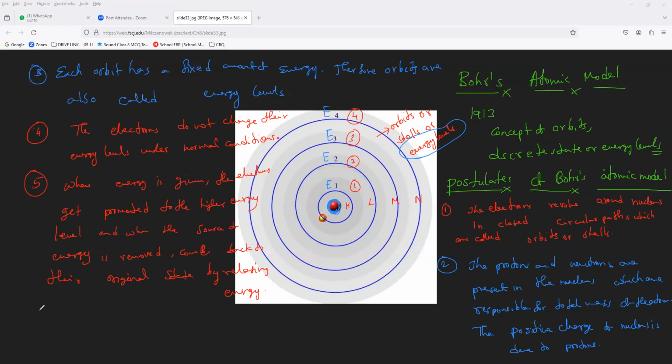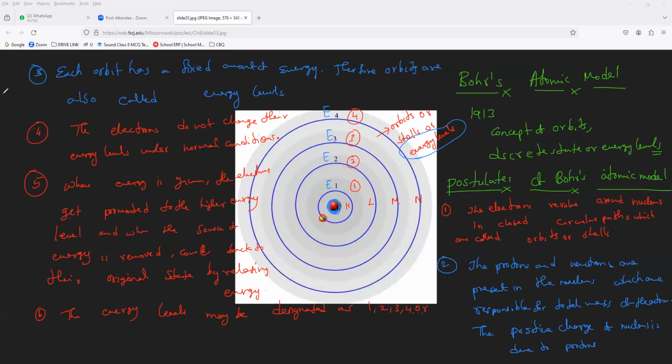We can assign numbers or letters. Each one is not the same energy, but different energy. So note it: the energy levels may be designated as 1, 2, 3, 4. Of the elements known till now, none goes beyond the fourth level.